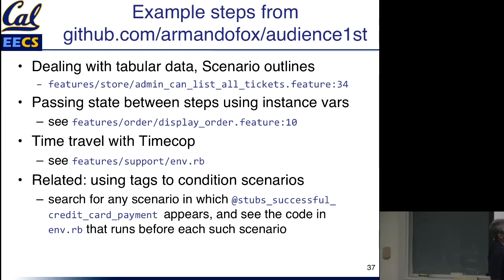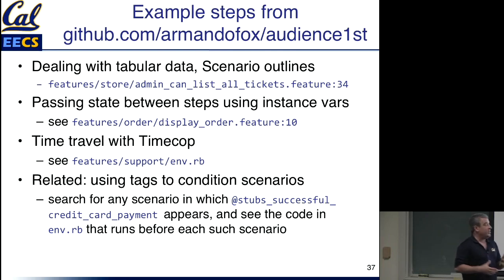Related to that, and you can see some examples of this in my own code base and somewhere else, there are tags that you can apply to scenarios saying, only for these kinds of scenarios, set up certain conditions. For example, in my app, I have a number of scenarios that actually do depend on the date, because they make assertions about things expiring and stuff like that. And then I also have a lot of scenarios that have nothing to do with the date, so it doesn't matter.